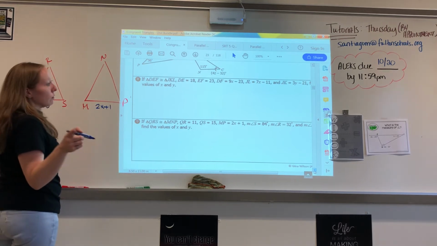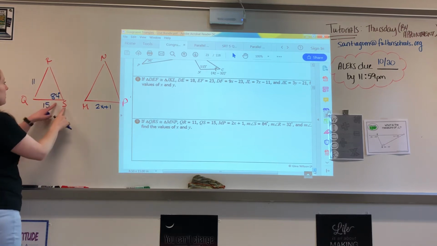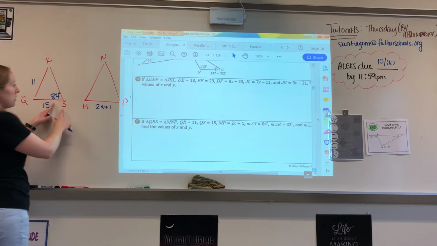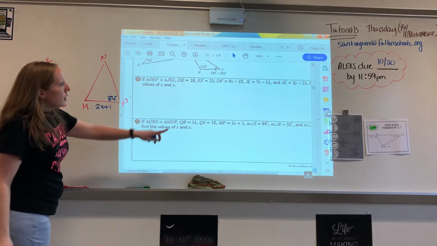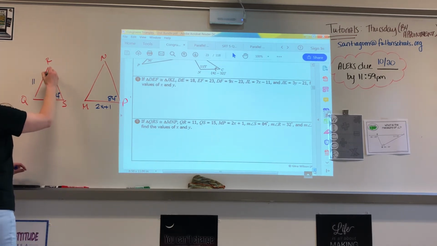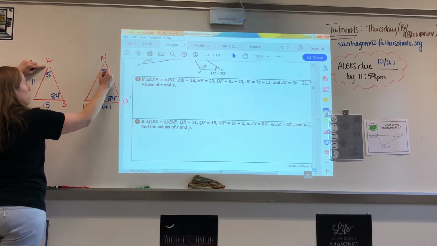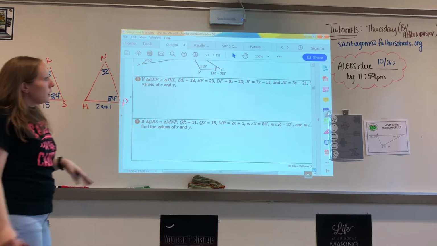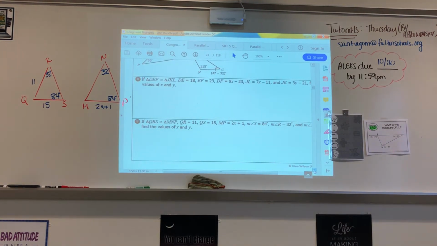Now they gave me angles. Angle S is 84. If S is 84, then corresponding to S is P, so this is also 84. Angle R is 32. Corresponding to R is N, so I know these two are 32.